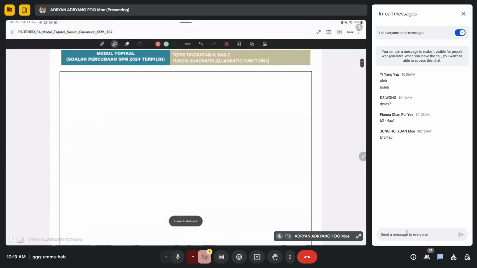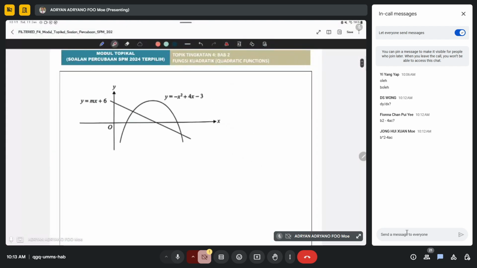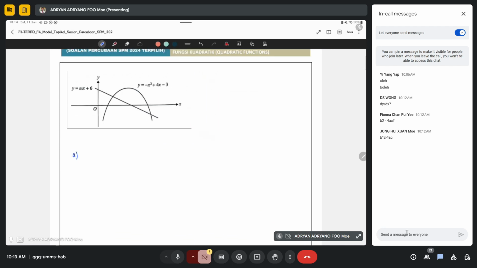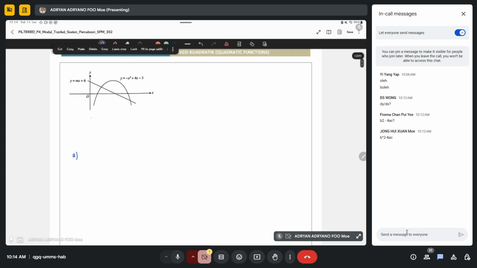Okay, 我们来看 question A. First thing you thought is b square minus 4ac. So, you can try to do this together lah. mx 加6 等于 negative x square plus 4x minus 3.